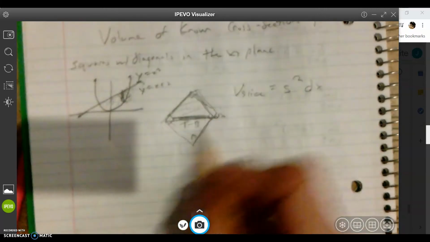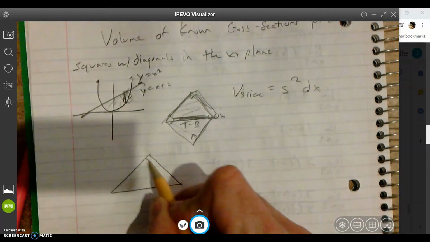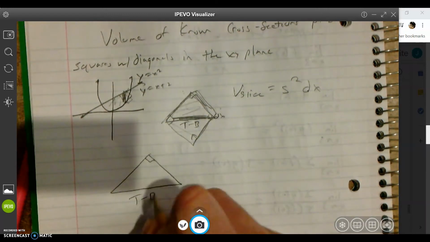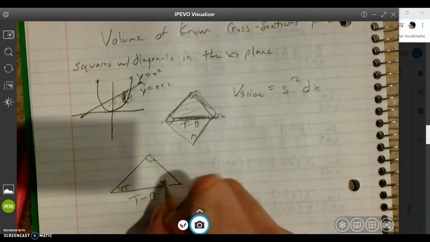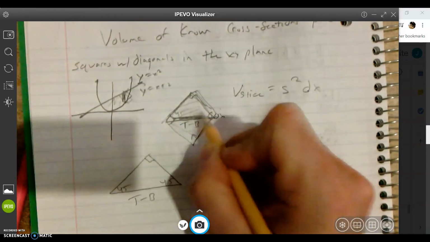Well, let's go back to our geometry again, shall we? So we're taking this top triangle, and this is top minus bottom. This creates a 45, 45, 90 triangle because this right angle here of the square is cut in half.